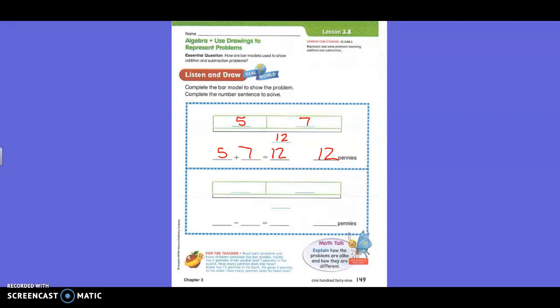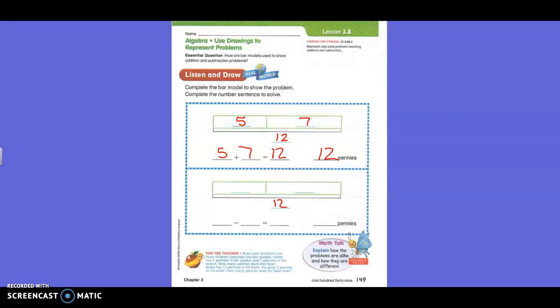When we have bar models, where's the big number? On the line on the bottom, right? Because together, these two numbers equal 12. So 12 actually goes on the bottom, okay? Because that's how many he has first, total.